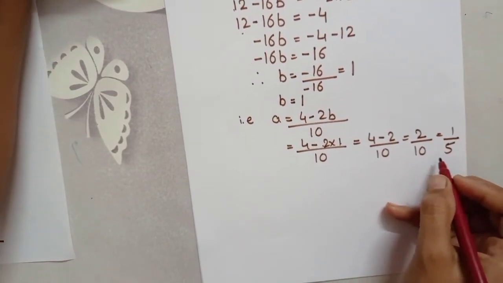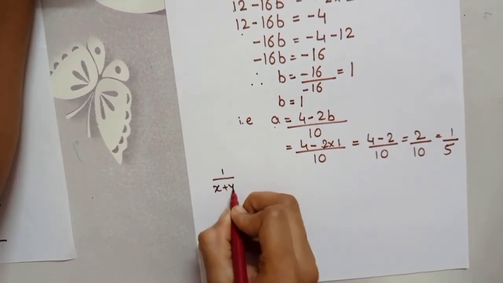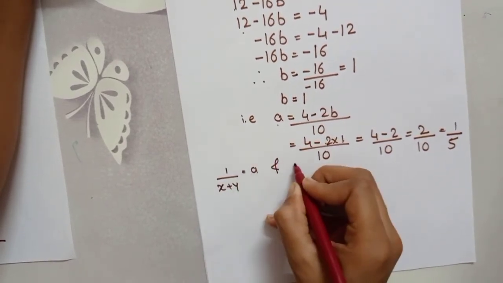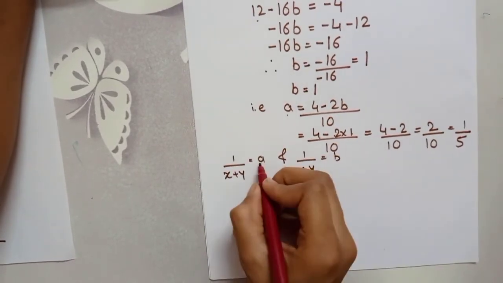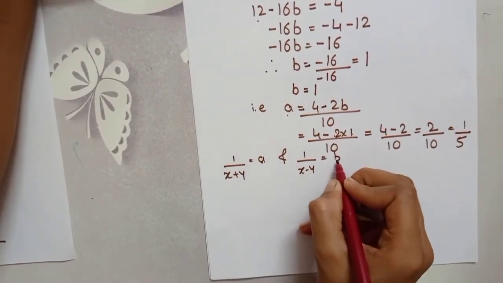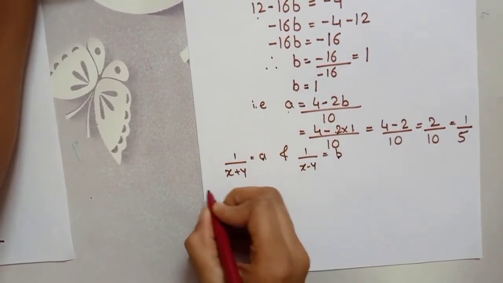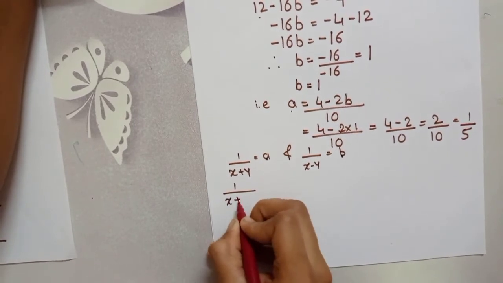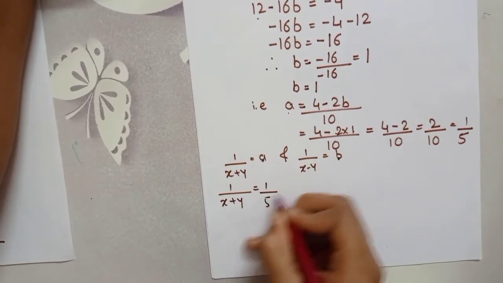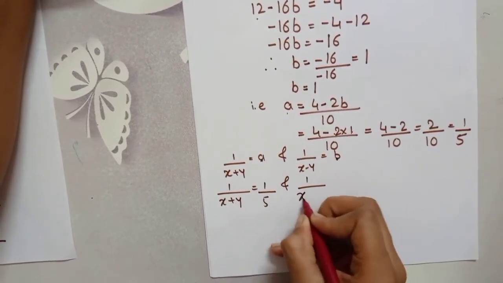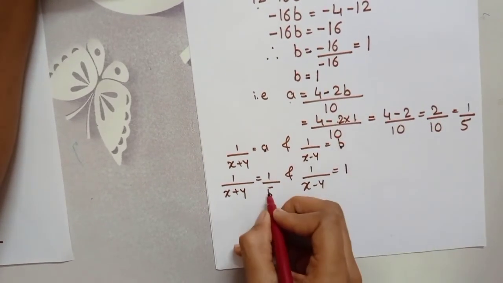Now we know we have considered 1 by x plus y as a and 1 by x minus y as b. Therefore, by putting the values of a and b, we get another two simultaneous equations: 1 by x plus y is equal to 1 by 5, and 1 by x minus y is equal to 1.